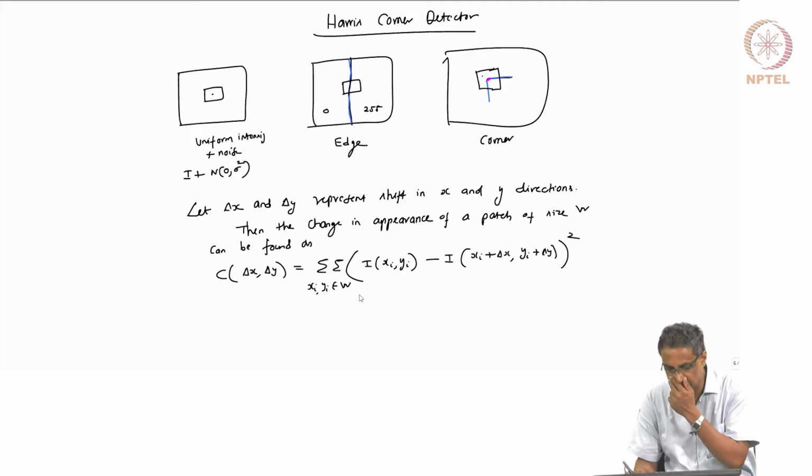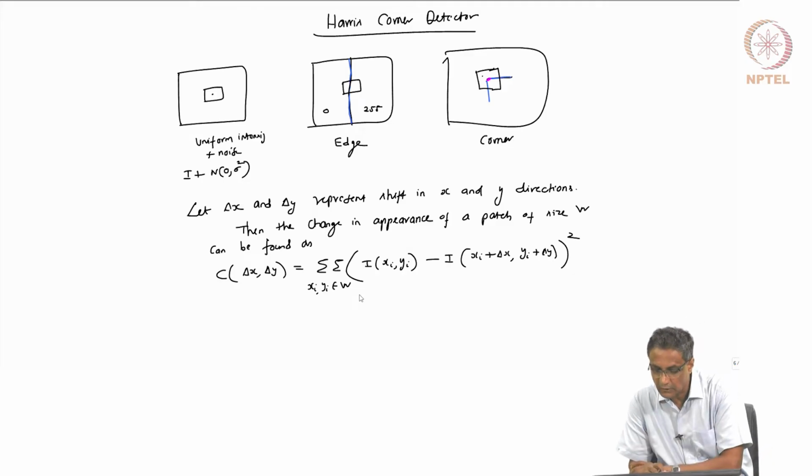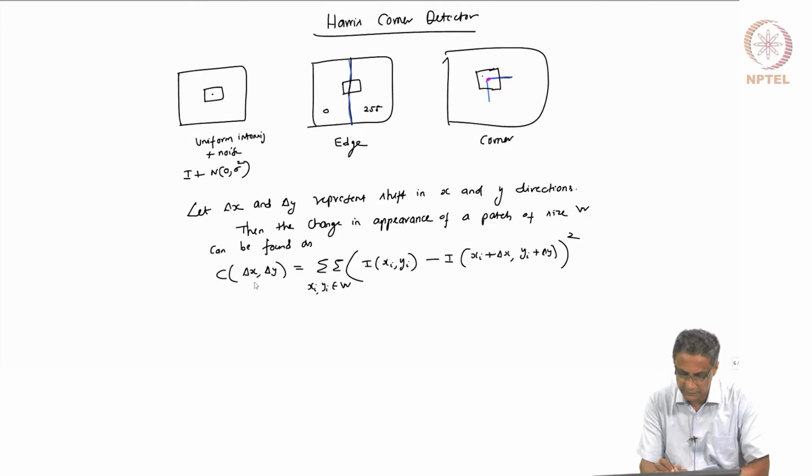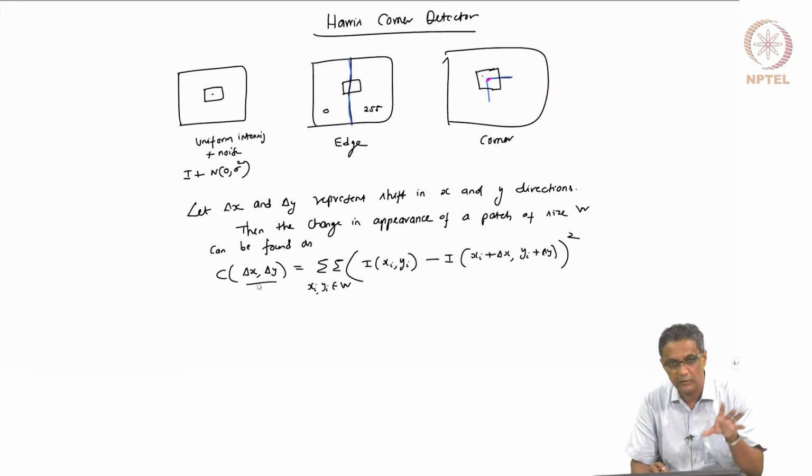So, what this means is that within that window, if I move by an amount, say, delta x, delta y, and I want to compare the patch which I get with respect to that particular motion, how much is the change in the appearance.